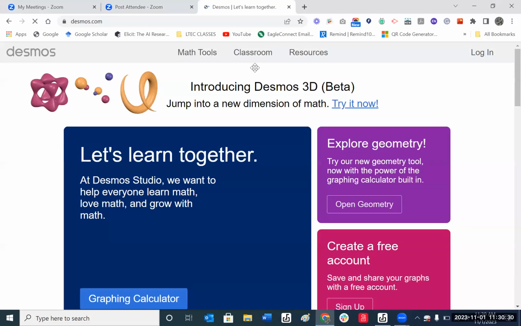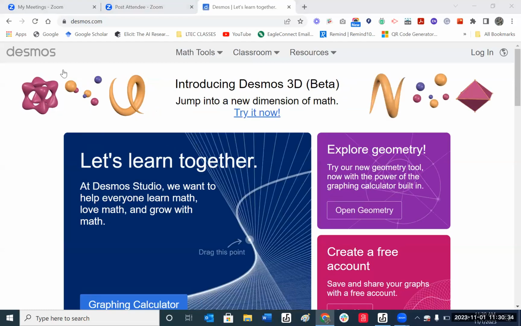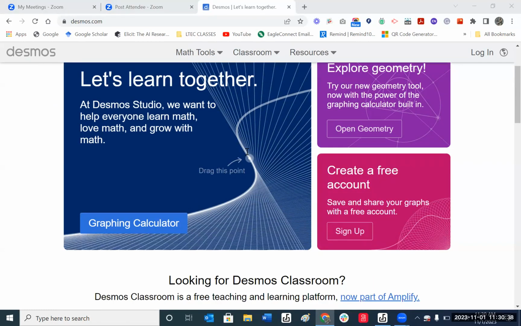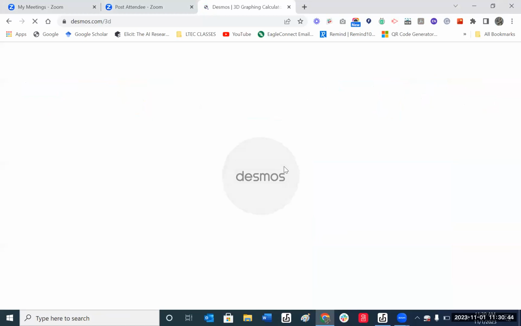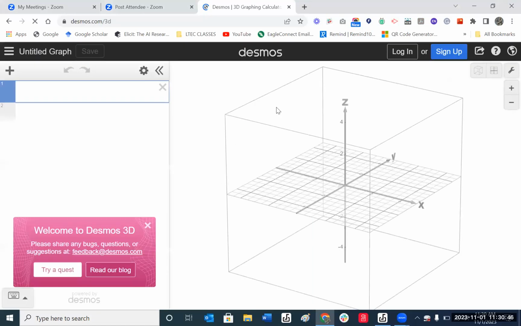Oh, but it does 3D graphing? It does now. It's in beta, but it originally just gave you 2D, and now it is going to give you 3D. Wow. So all you do is go over here and type in your function.